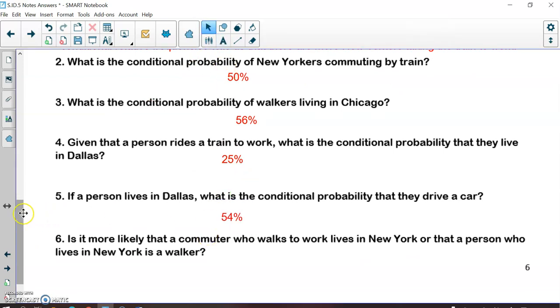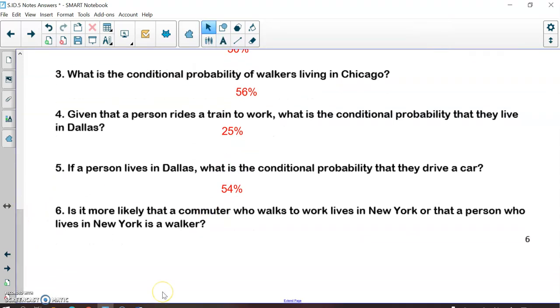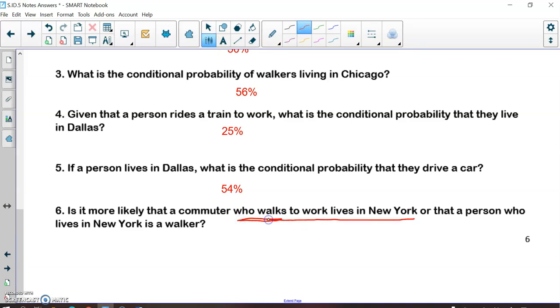Okay, so this question might seem a little tricky. Is it more likely that a commuter who walks to work lives in New York, or that a person who lives in New York is a walker? This may seem like the same thing, but it is actually quite different. The first statement is saying that out of all the walkers, how many live in New York?